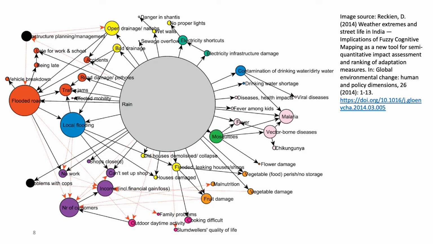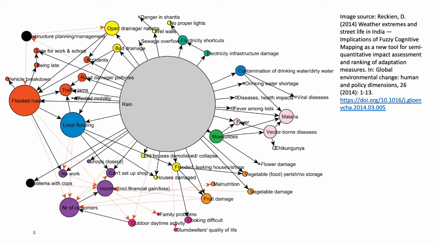So in this example from Diana's work in India, you can see that it's also possible to aggregate or bring together individual fuzzy cognitive maps into a single map that tells a story about a larger community or a group of people and their perceptions. In this case, their perceptions about the impacts of extreme weather events on street life in India.